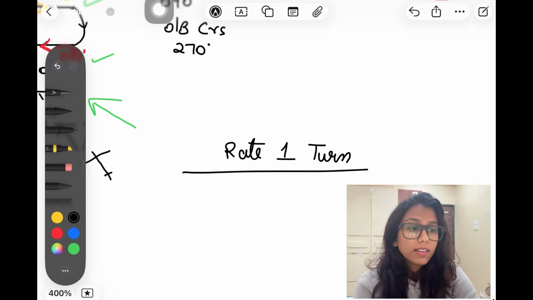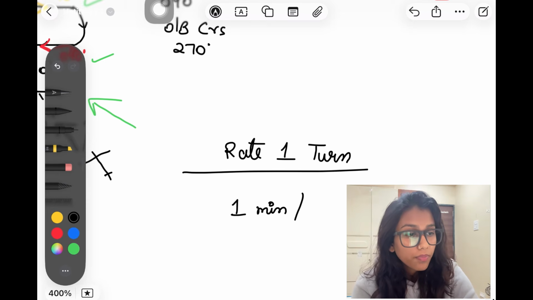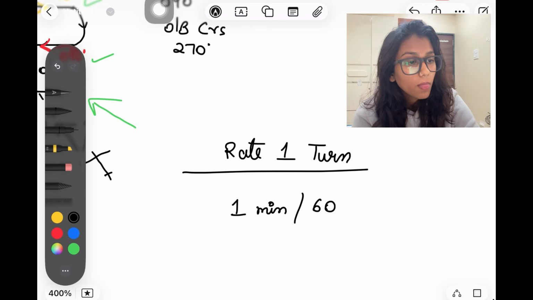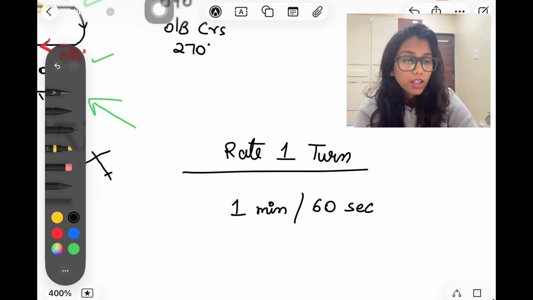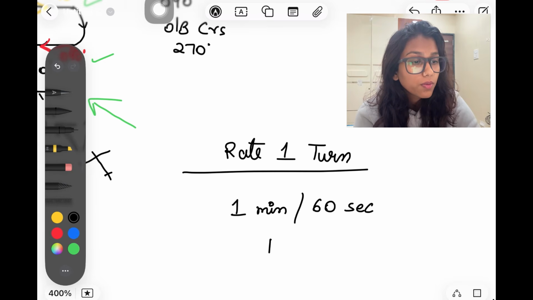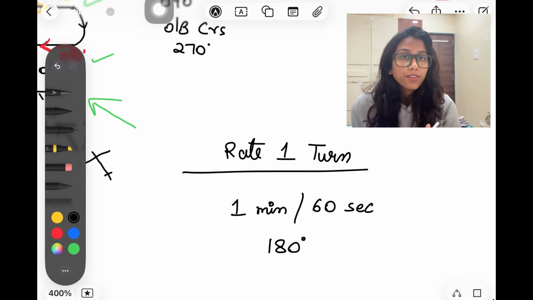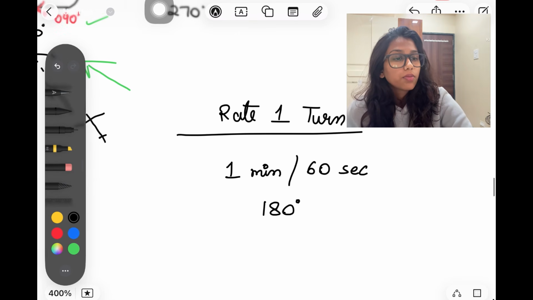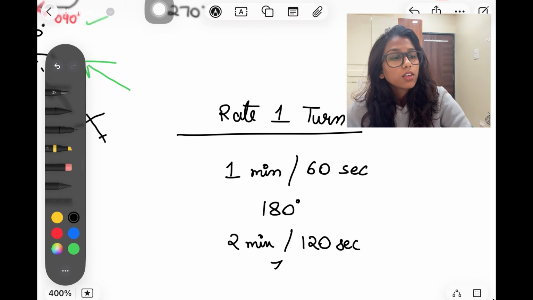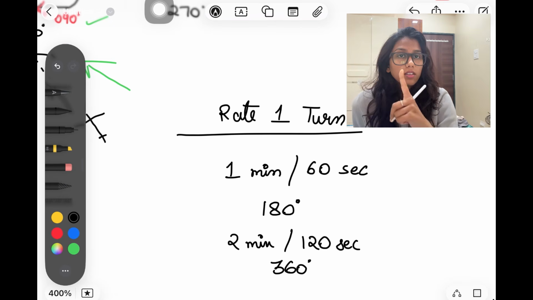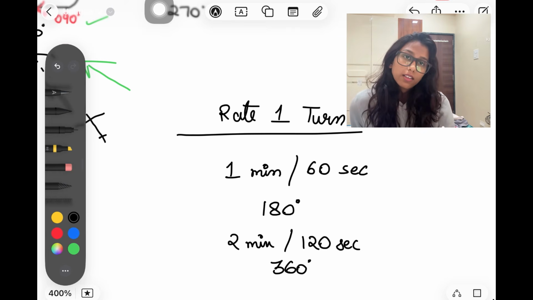A rate 1 turn means that in 1 minute, or 60 seconds, you are flying 180 degrees. That means half a circle. And if you fly for 2 minutes, 120 seconds, you'll be making a whole circle. That is 360 degrees.